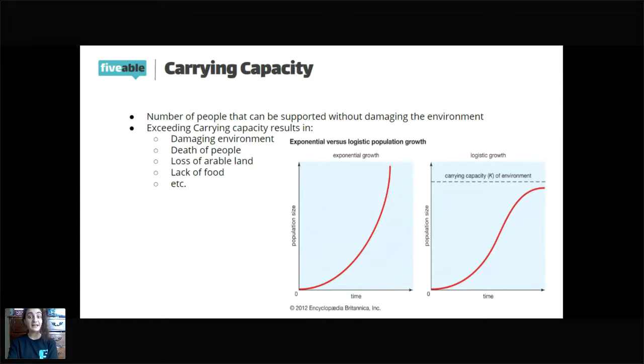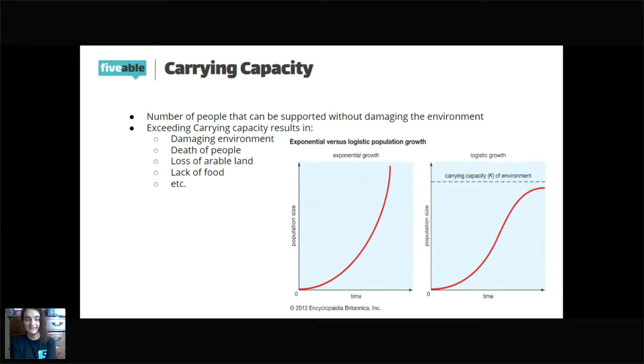Carrying capacity is the maximum number of people that the environment, the economy and the services in a region can support without putting stress on the environment and the resources available.